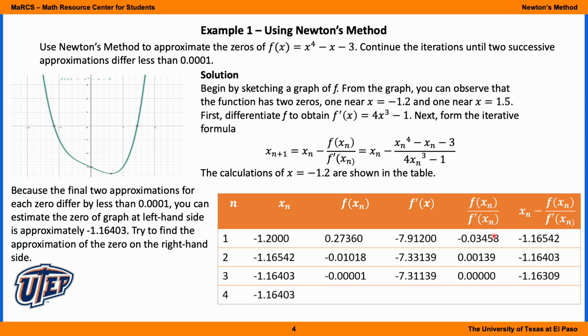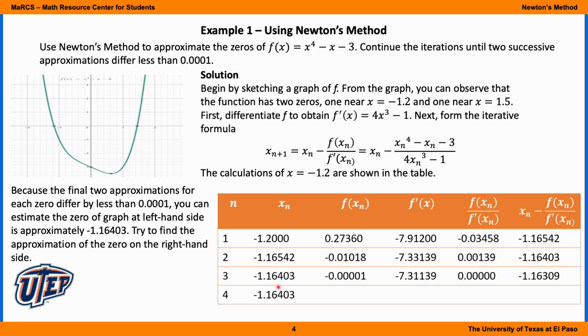Now subtracting this value from our first xn, negative 1.2, we get negative 1.16542. This will now be our x2, our next approximation. Then we evaluate the function at that value, and this is what we get. Once again, evaluating the first derivative at this value, dividing these two and subtracting from our x2, we get our x3.